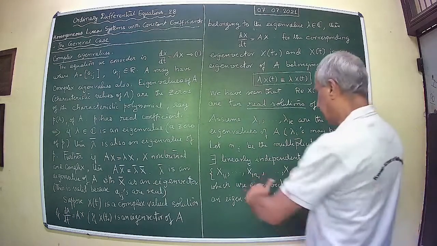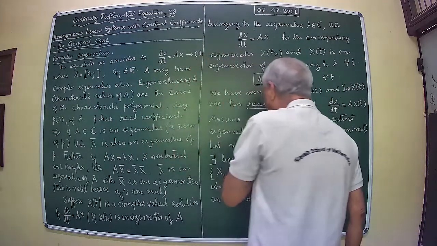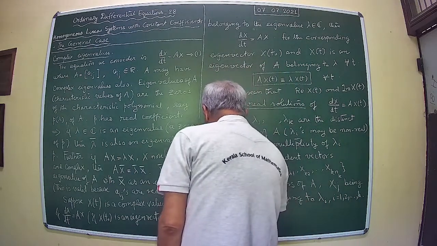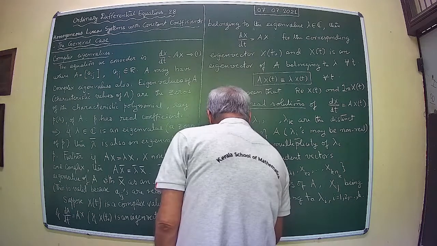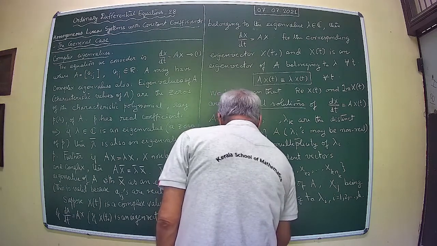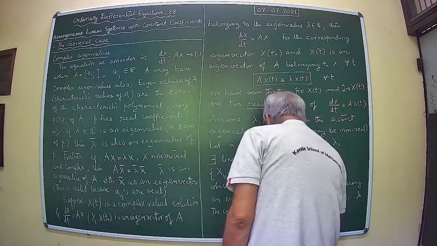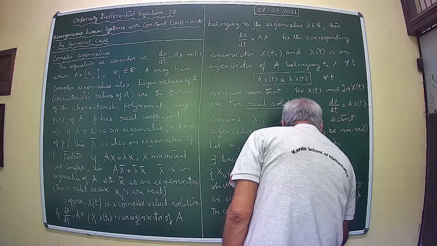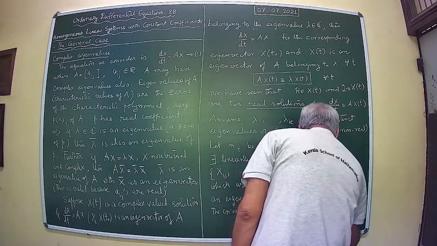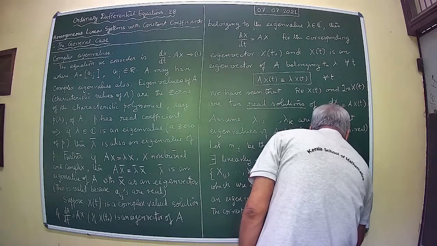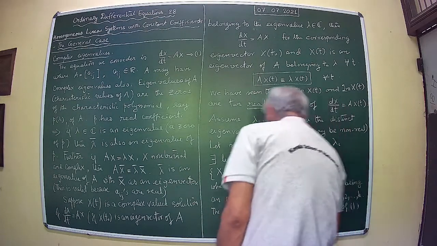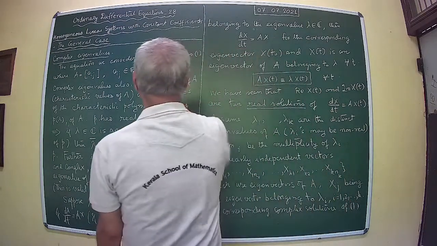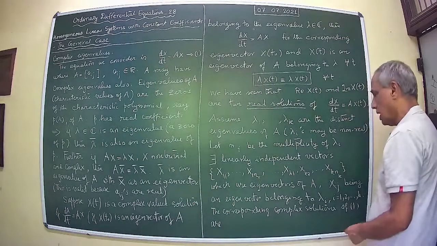Then you have the corresponding complex solutions of (1), that is dx/dt = Ax.